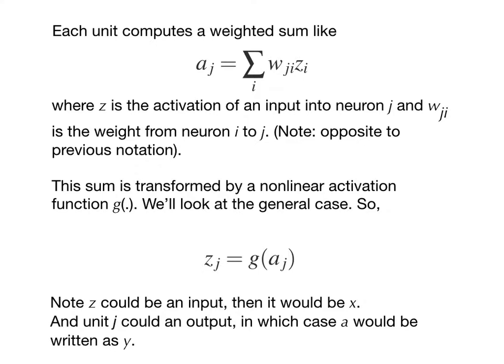We've talked about that as the sigmoid, but we're just going to use the general case g. So the output of neuron j, z_j, is equal to the activation function g of the activation into neuron j, a_j.